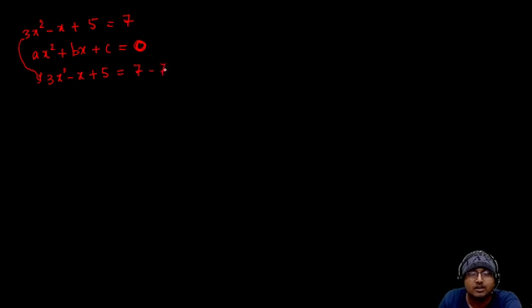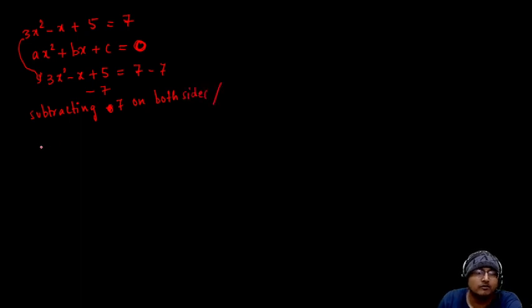We will do minus 7 on both sides, that is, subtracting 7 on both sides, or we'll call it adding minus 7 on both sides. Both have the same meaning.